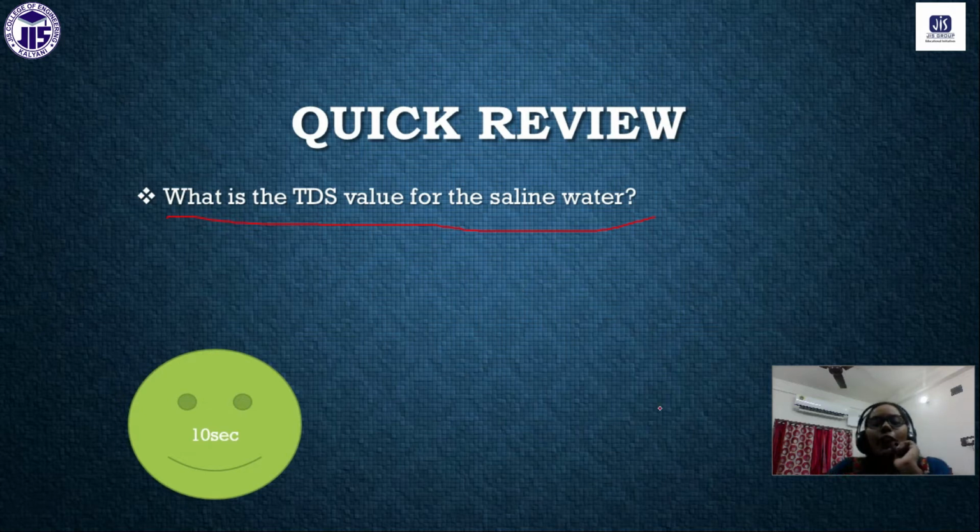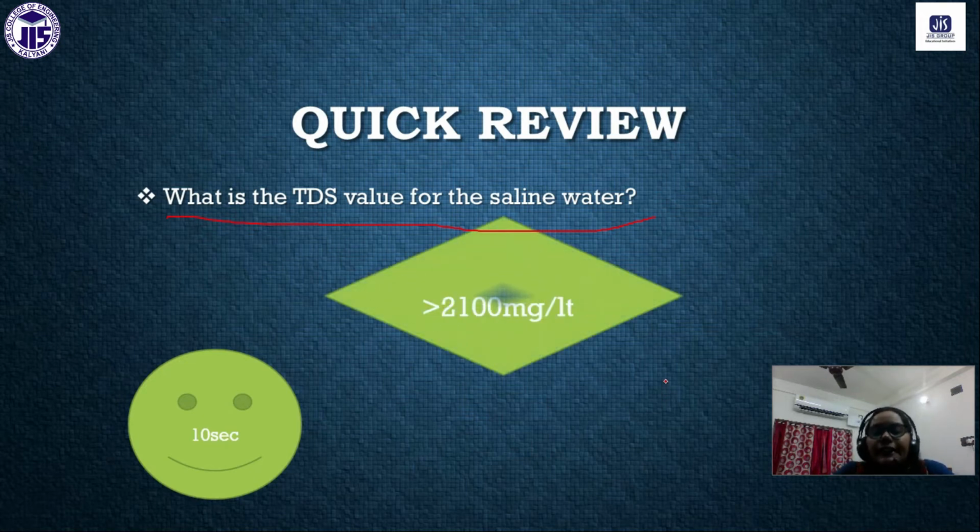Okay, your 10-second time is over. Here is the answer: greater than 2100 milligram per liter. This much TDS we have for saline water.